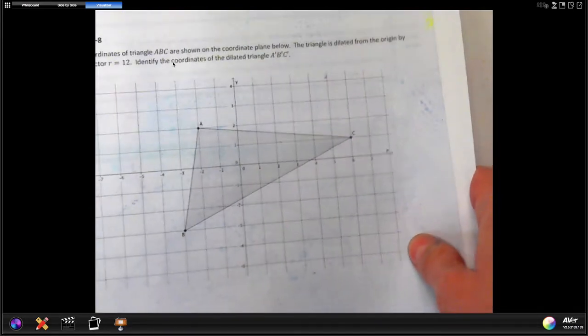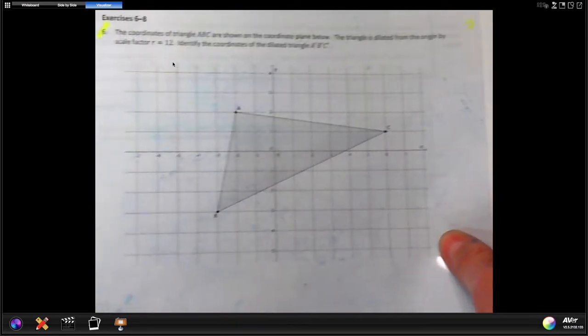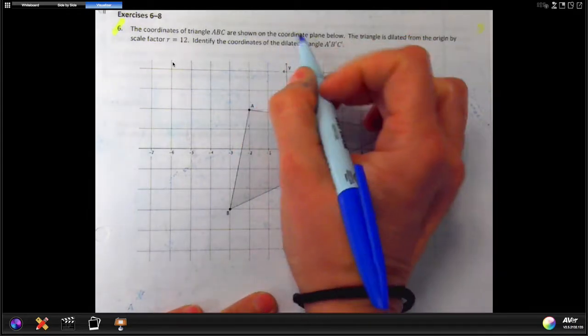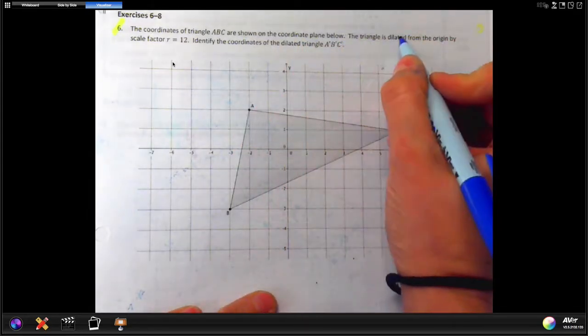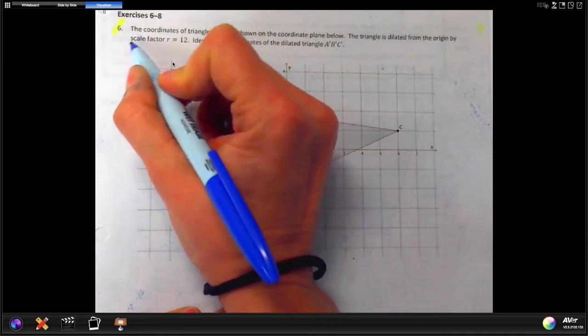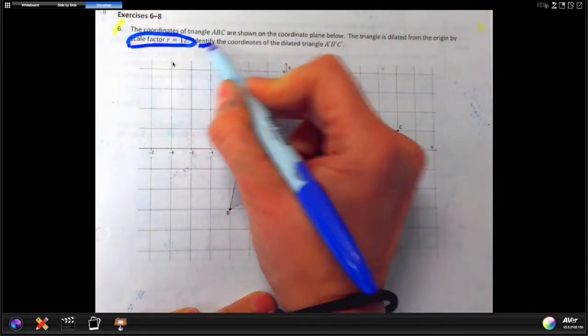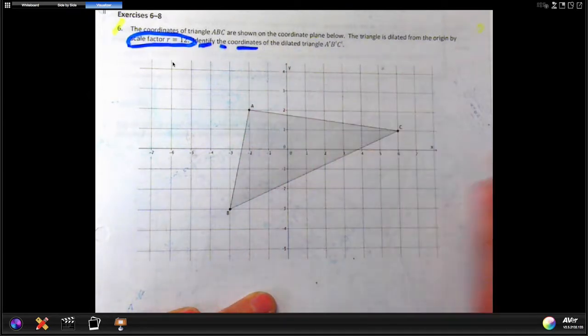So I want to point something out on here, and that would be how to read our question to tell us what exactly they're looking for. It tells us in here the coordinates of triangle ABC are shown on the coordinate plane below. The triangle is dilated from the origin by a scale factor of 12. That's important.